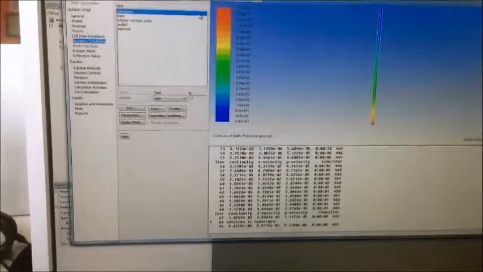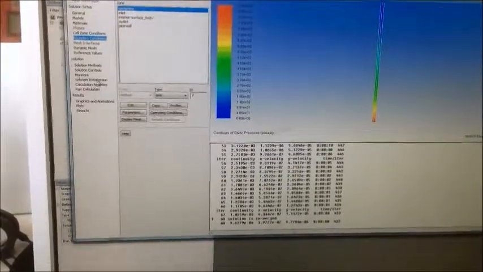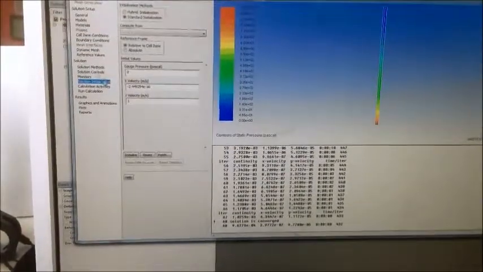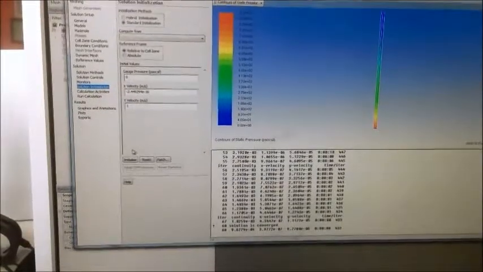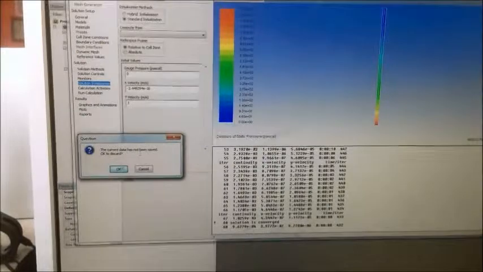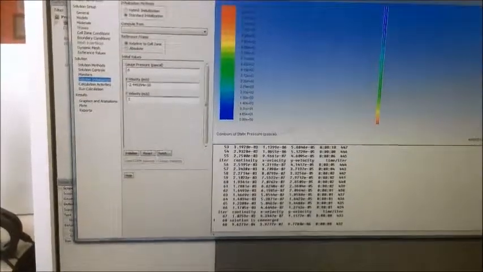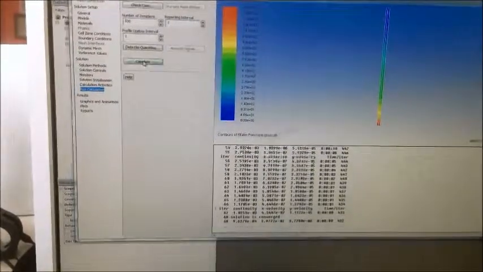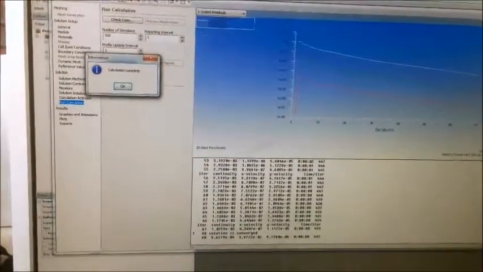From there, after we did that, we went to solution initialization. From solution initialization, we initialized it. We hit OK. From there, we run calculations, and we calculate it.